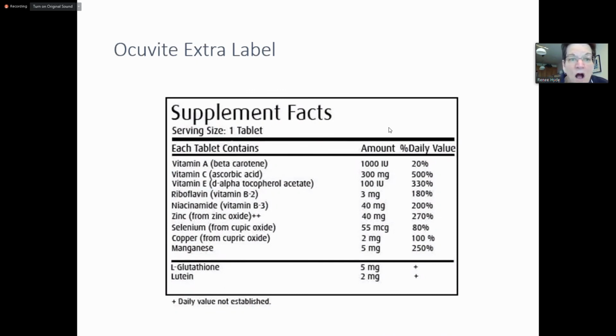And if you look at Ocuvite Extra or Preservision, one of the things that you'll see is that it has levels of vitamin A, C, E, selenium, copper, lutein, and all those other eye vitamins. What they recommend is that patients that have AMD in either a mild or moderate level take these vitamins and minerals to help slow the progression of that AMD.